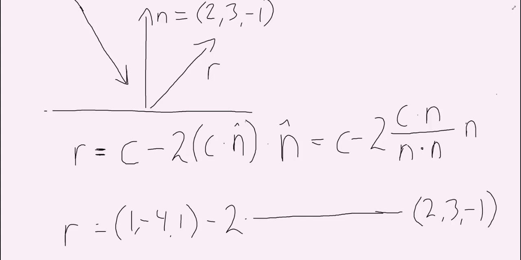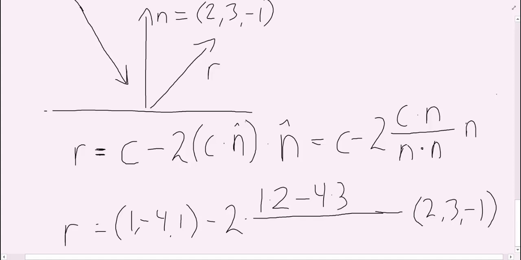Which means that the top dot product is 1 times 2, plus, or rather minus 4 times 3, minus 1 times 1, divided by n dot n, that's 2 squared, 4, plus 3 squared, which is 9, plus 1 squared, which is 1.